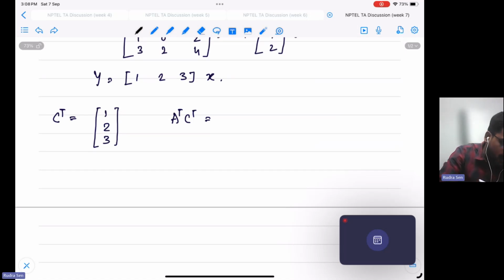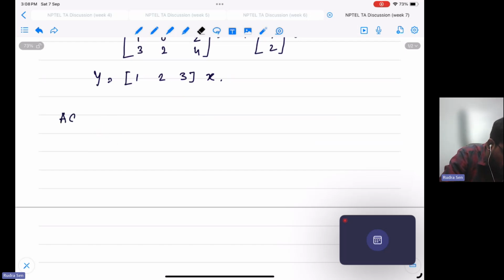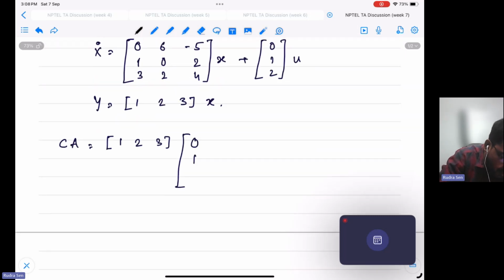So A transpose, let's say I'm not doing the A transpose format, I'm doing the normal CA. So C into A: that is 1, 2, 3 multiplied with A, which is 0, 1, 3, 6, 0, 2, minus 5, 2, 4.